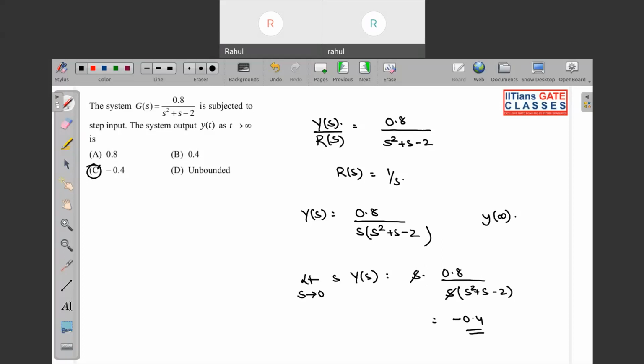But this is wrong. Why? Because this transfer function is unstable. Calculate the poles over here. So s will be equal to minus 1 plus or minus the square root of (1 plus 4 into 2), that is 8, divided by 2.